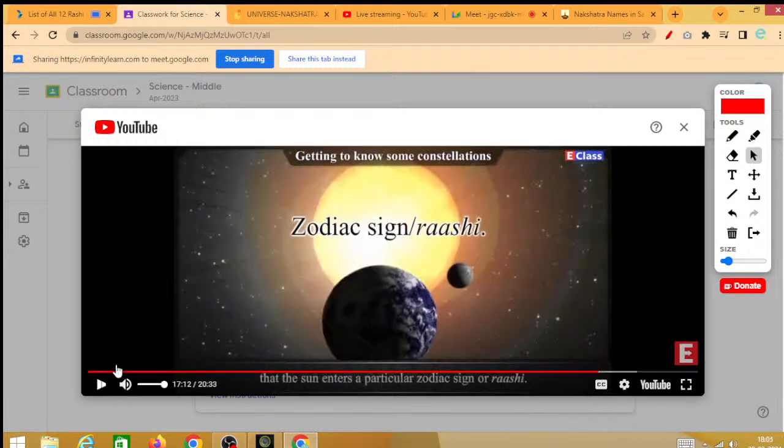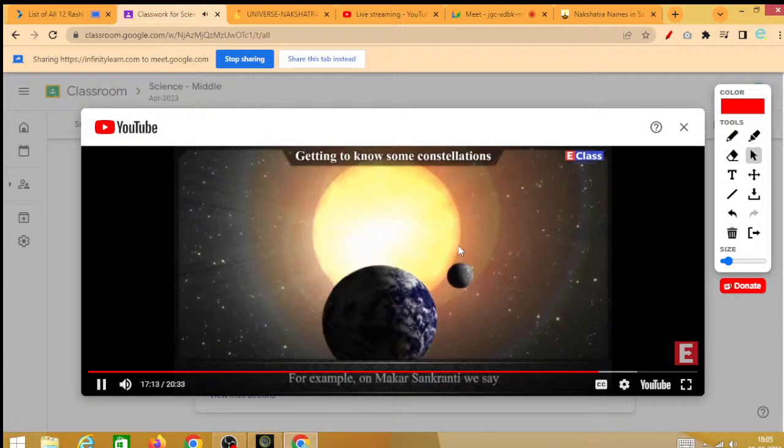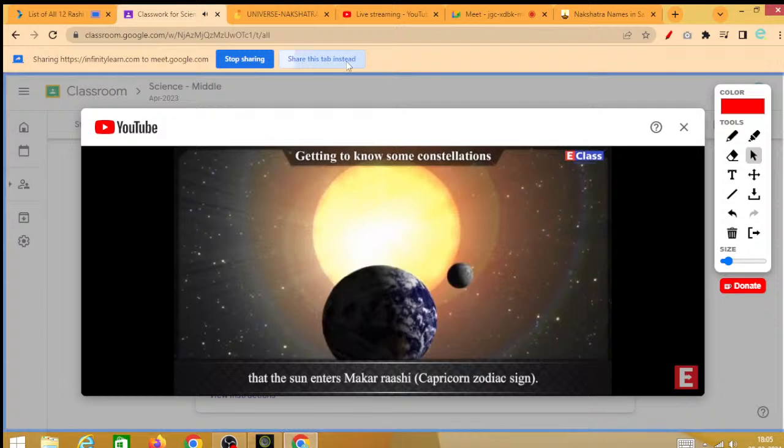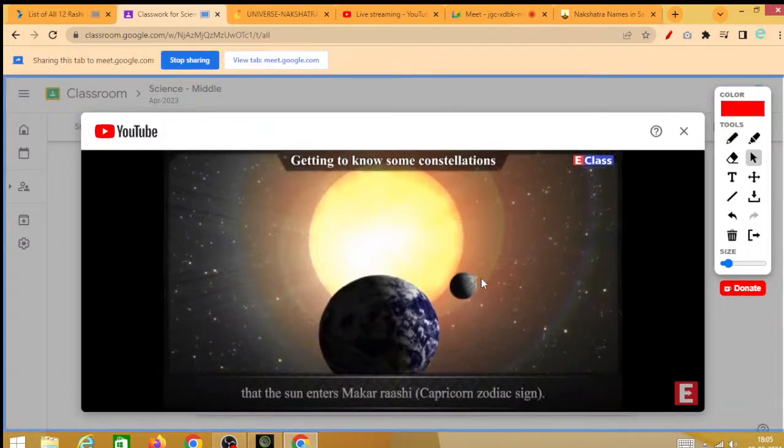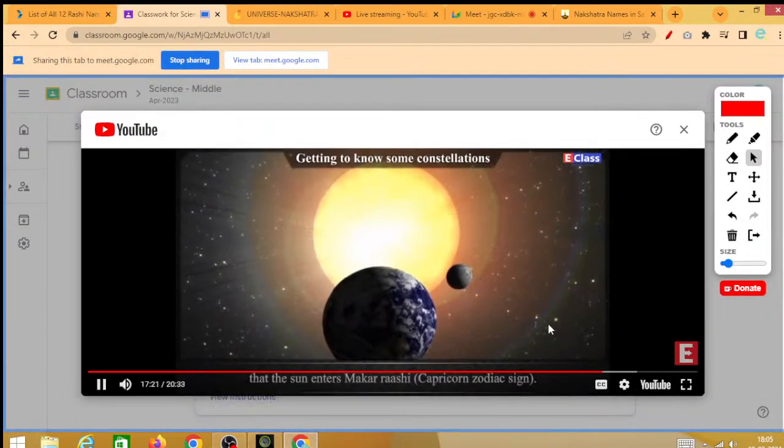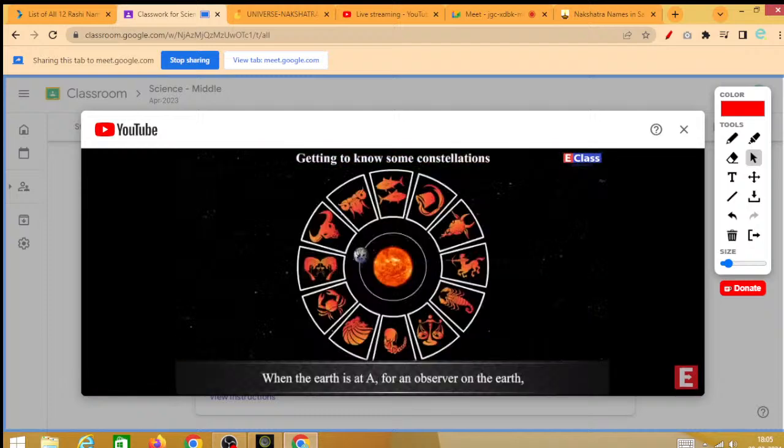Okay, so now let's see zodiac. Rashi. For example, on Makar Sankranti, we say that the sun enters Makar Rashi, that is, the Capricorn zodiac sign. When the earth is at A, for an observer on the earth, the sun appears to be in the Scorpio zodiac sign. When the earth moves from A to B, the observer will say that the sun has entered Libra.